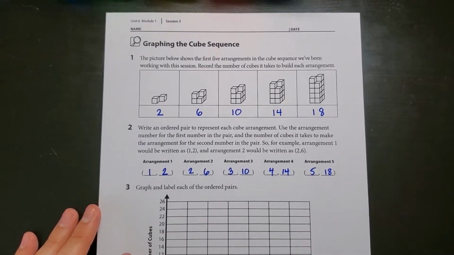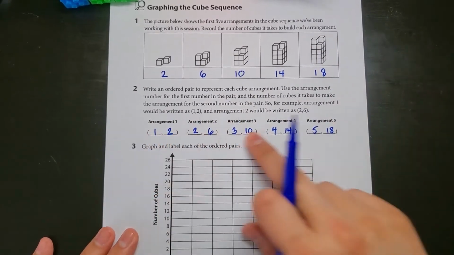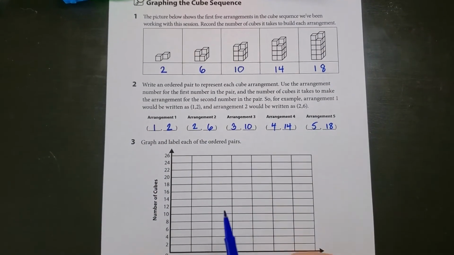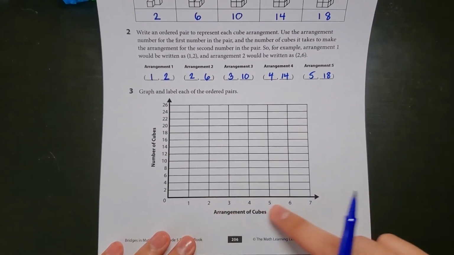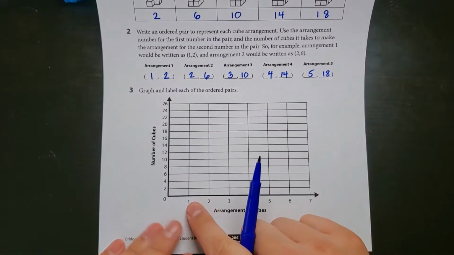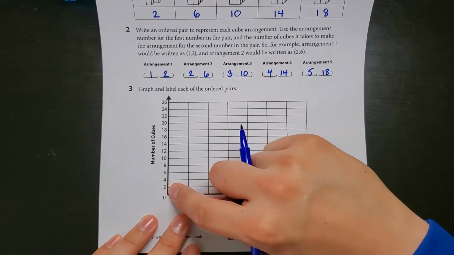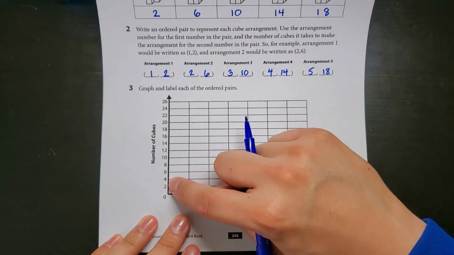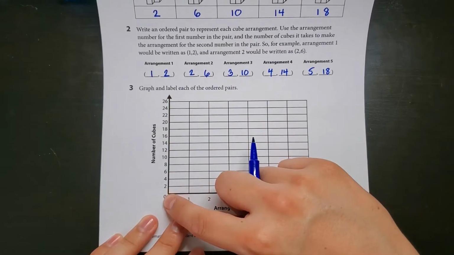Now, this is where ordered pairs and graphing come in. We have our ordered pairs, and this bottom side we've decided is the arrangement of cubes. And then this side is the number of cubes. So in arrangement 1, there were 2 of them. So I go to 1. And as you can see here, this is going up by 2s. So you do have to be careful. You can change it to what you want. But right now it's telling me that I'm going by 2.